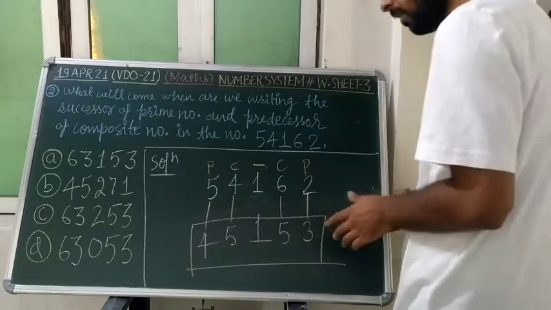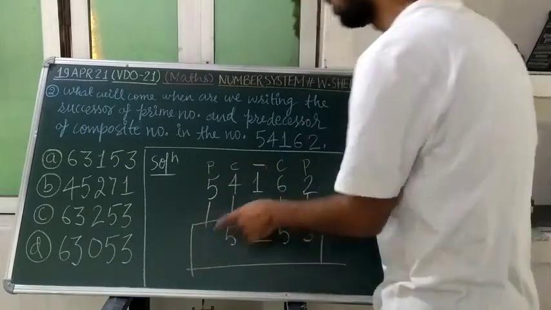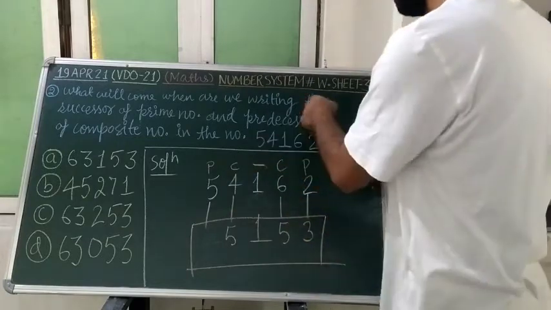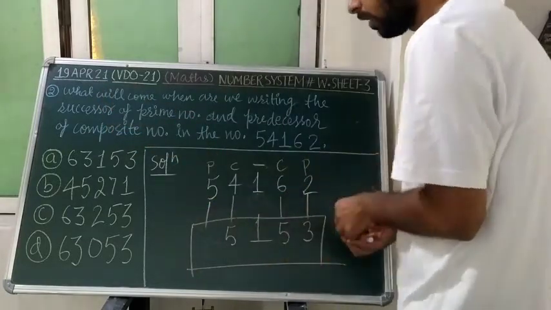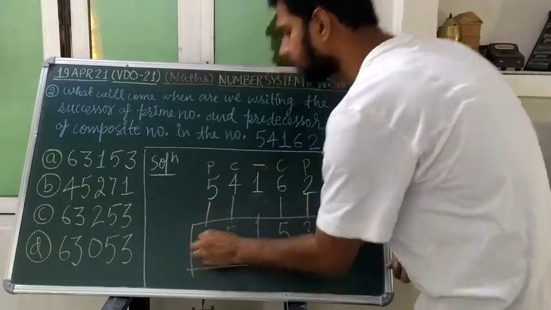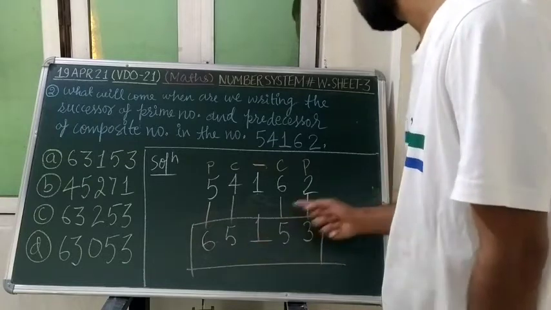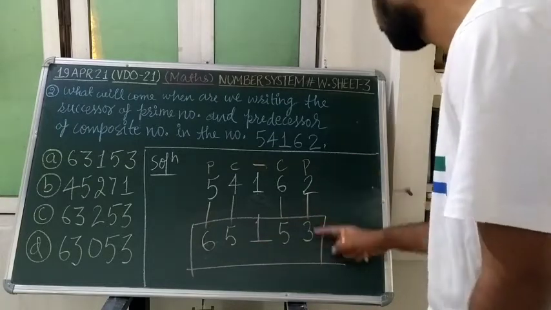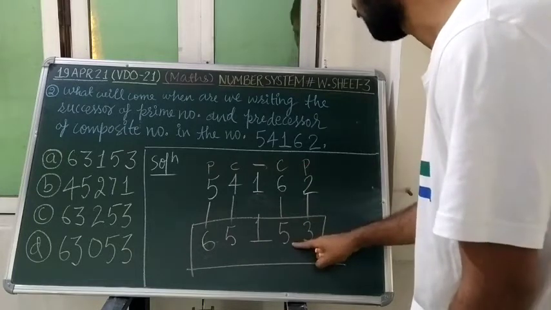I'm sorry students, 5 was our prime number. So for prime number we will write the successor, so here 6 will come. Now check. For prime number we are writing successor. That 3 here, 5, 1.